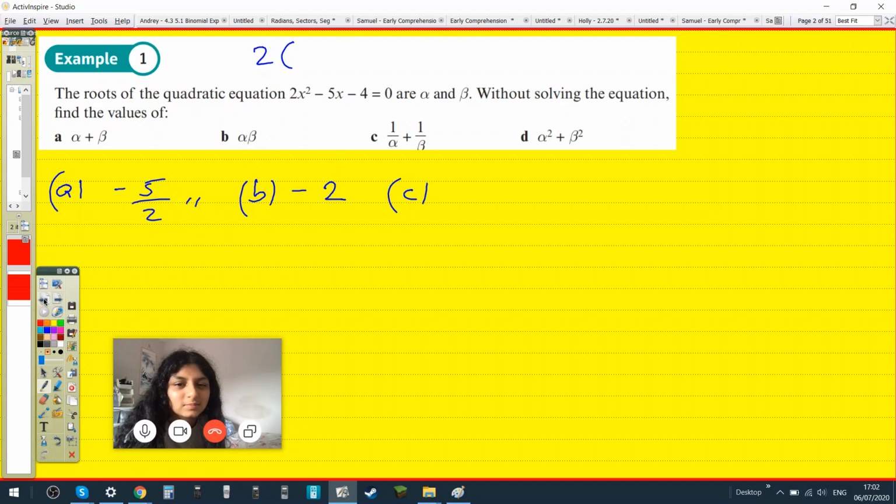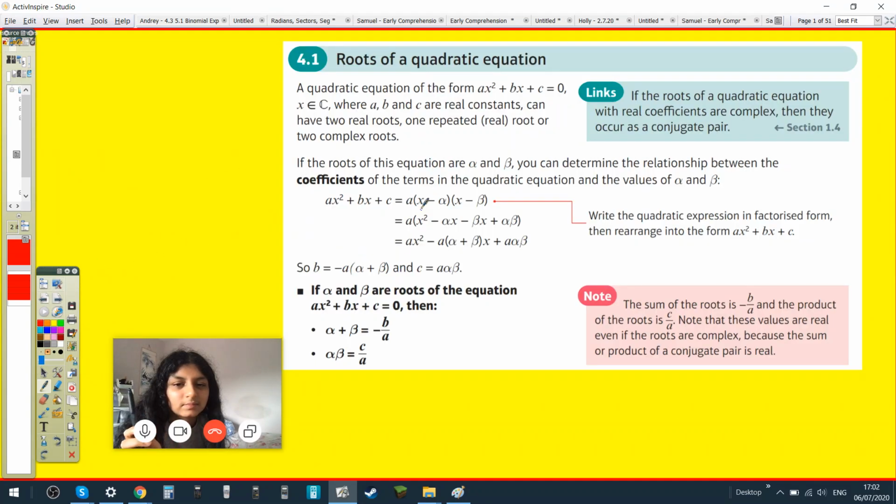So maybe it would help if we just saw where it came from. Ax squared plus bx plus c. If you factorize out A, you get your thing. Expand it and then refactorize a little bit. So ax squared minus a times alpha plus beta plus a times alpha times beta.